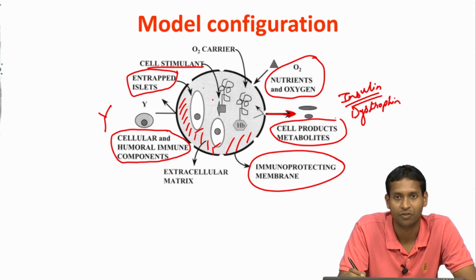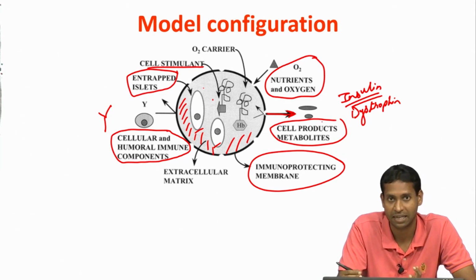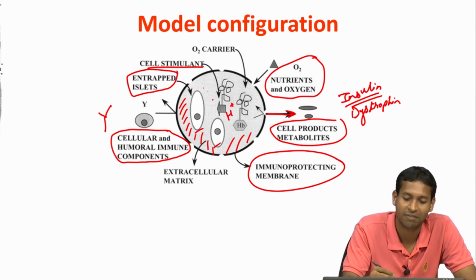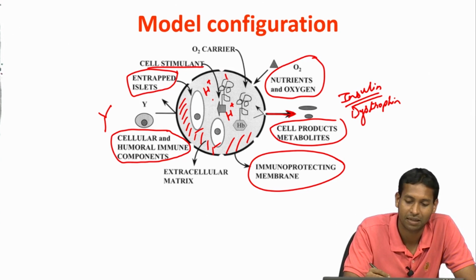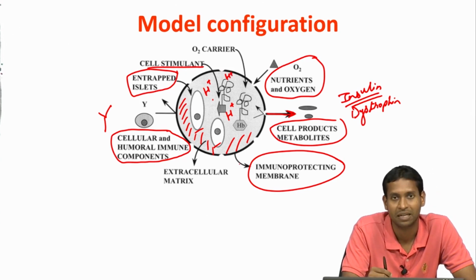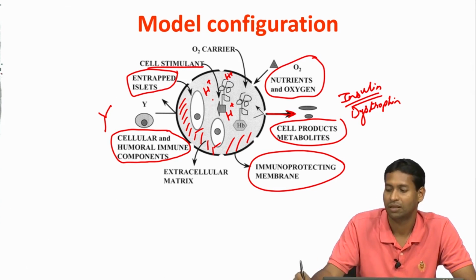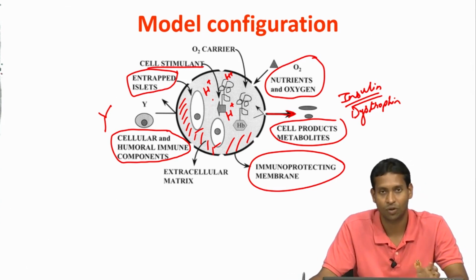So, what will happen if you do not let the waste product come out? Most of these waste products are acidic. So, if you do not let them come out, then you will have a build up of the acidic environment, the pH of this area may drop, and that may cause the death of these cells. So, you want the waste product to also be able to have some sort of a circulation through this membrane.